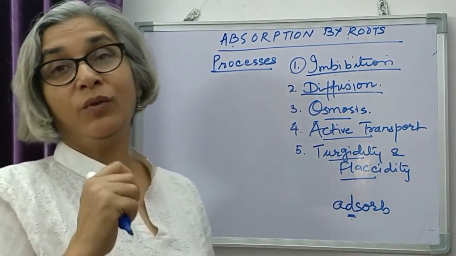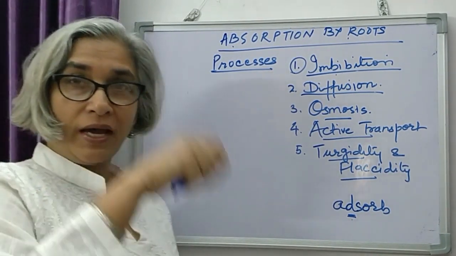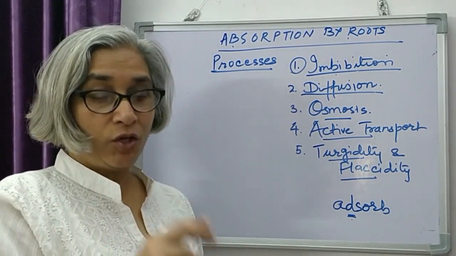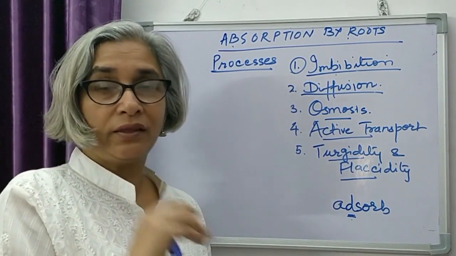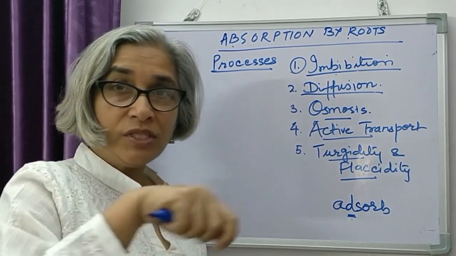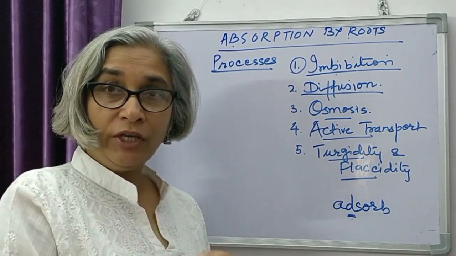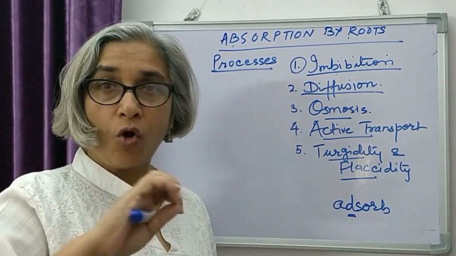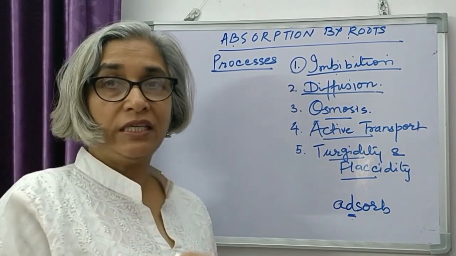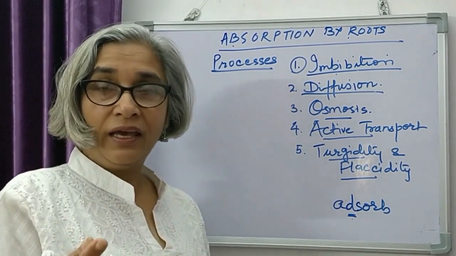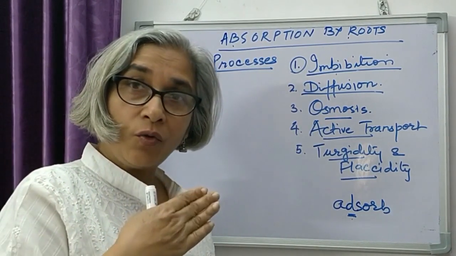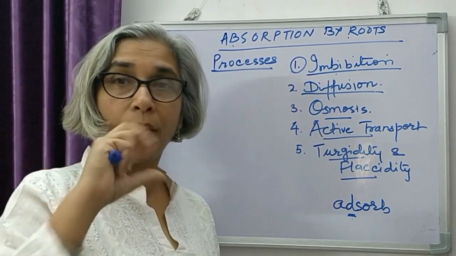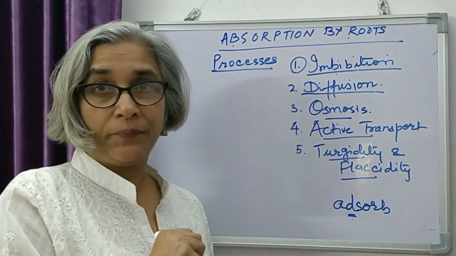What is happening when you are doing this? Suppose you add a spoonful of sugar in your tea or in your milk. Sugar settles down at the base of the cup. When you stir it, the molecules of sugar that were concentrated at the base now are spreading all over the tea that you have prepared or milk, and soon they are going to be equally or uniformly distributed in the whole cup of your milk or tea.